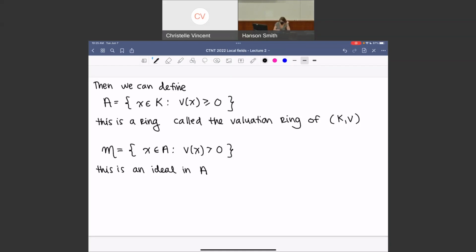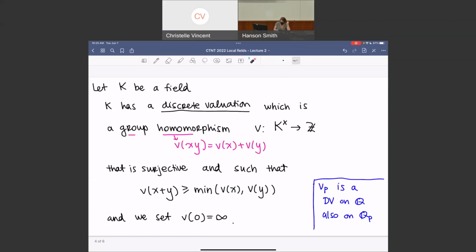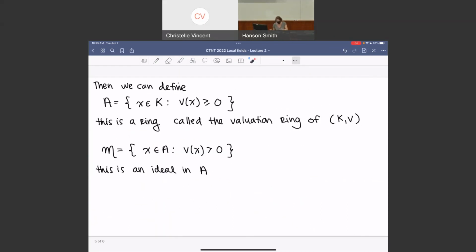If you have an element that has positive valuation and an element that has non-negative valuation, then you have a positive plus a non-negative, so it's certainly positive again, right? The one that's not quite an ideal can't mess you up enough to bring you out of the ring completely.